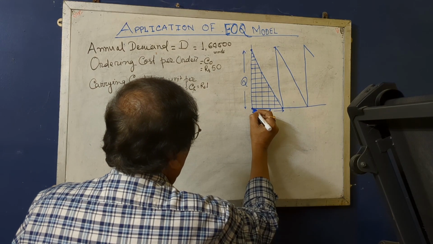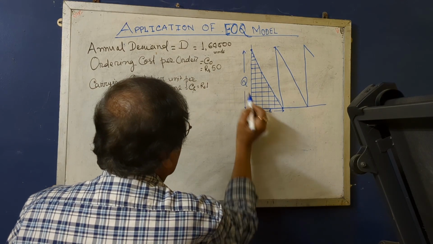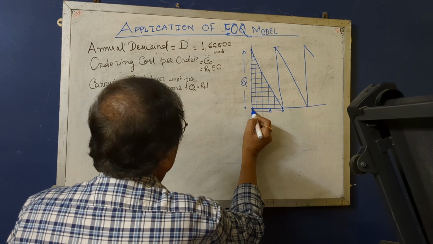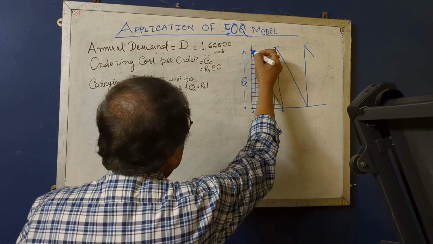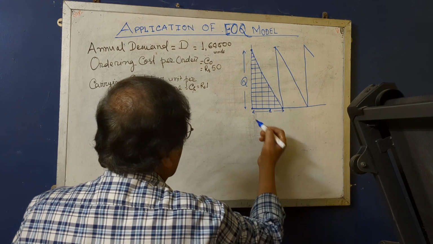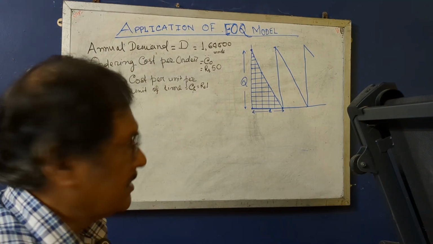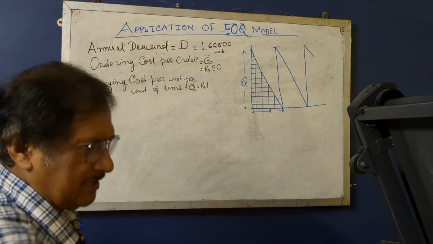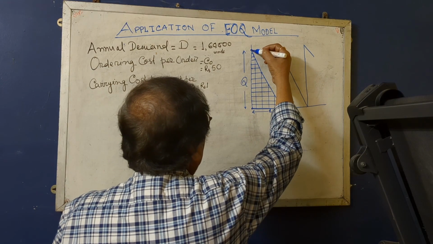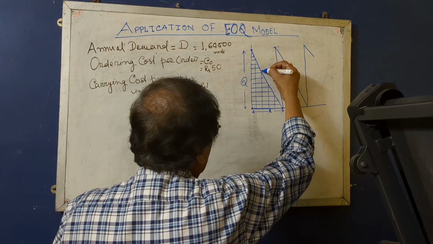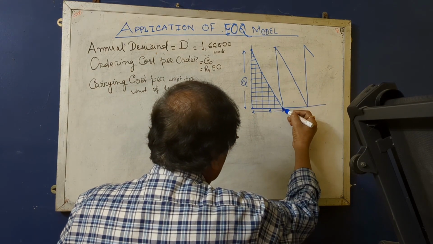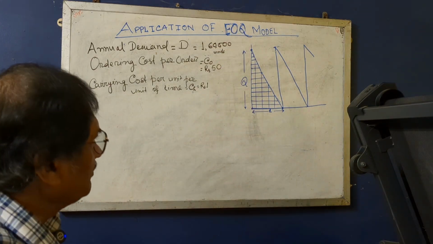Suppose you order Q quantity at this point, the amount Q units is received instantly. The consumption is uniform. That is also another assumption. That means the consumption or use rate is constant. Uniformly it is being used, and finally it reaches 0 inventory.